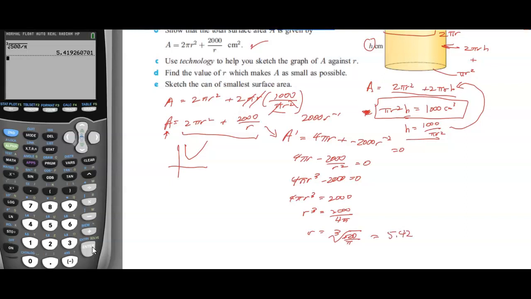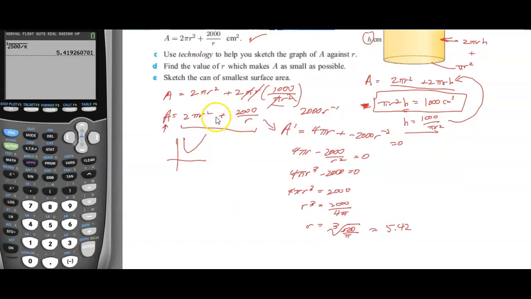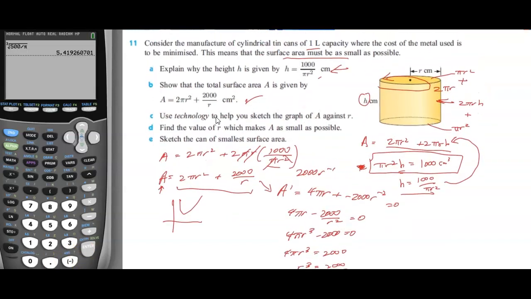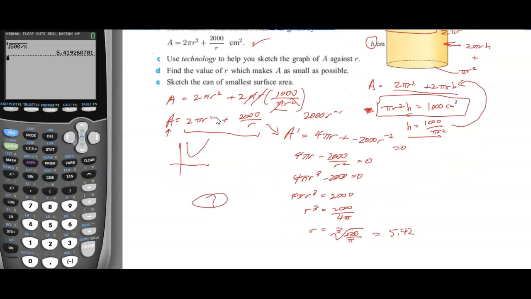Alrighty, we found the value of r which makes A as small as possible. Sketch the can of smallest surface area. Well, it kind of looks like that. We're just going to put dimensions on it though. So it would have a radius of 5.42. And then what would be the height? We can find the height because we have this equation which relates radius to height. We could say the height is 1,000 divided by pi times 5.42 squared.